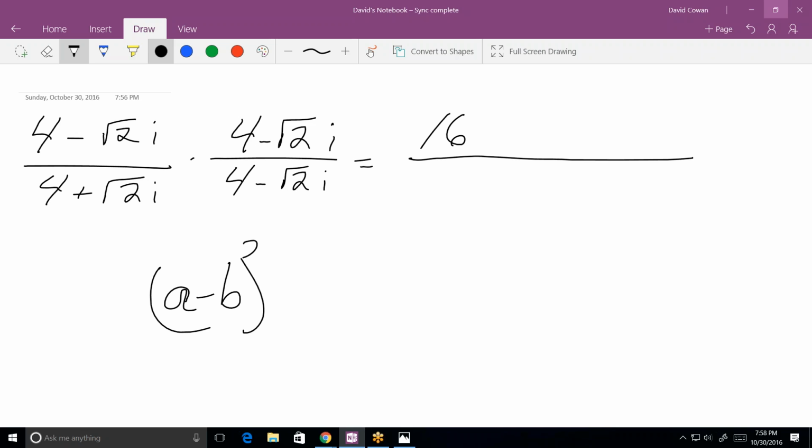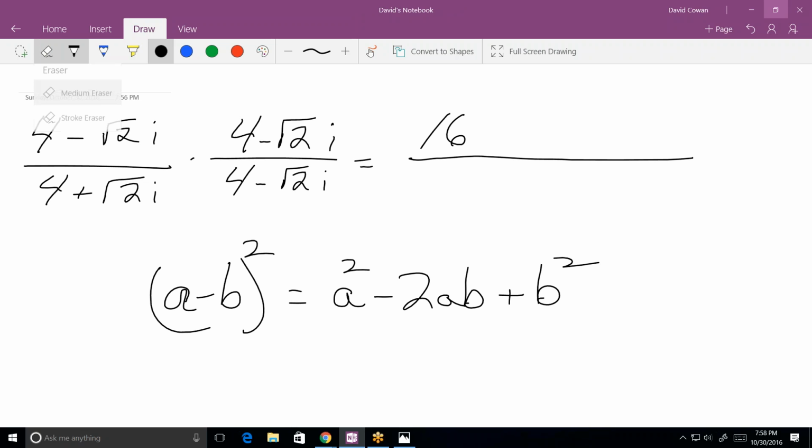And you'll notice this is an a minus b. So I'll write it for you, in case. It's always 2ab plus b squared, because that last term is always going to be minus b times minus b. Let's solve this problem by using this formula instead of foiling it.